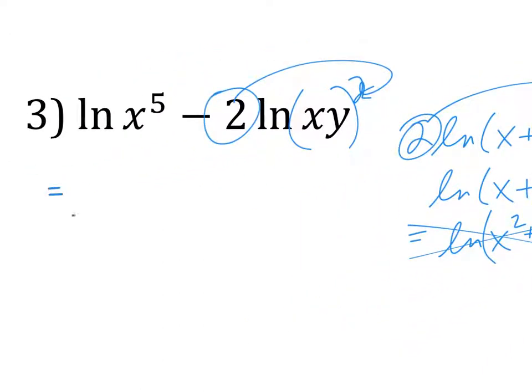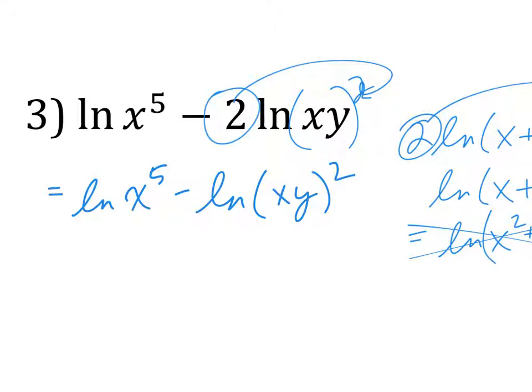Okay, so this is natural log x to the 5th minus natural log x y squared. Put the 2 onto the x. Okay, what's next? Natural log x to the 5th over x y squared. Yes, okay. Now I'm gonna again tell you what things people always do wrong. People always do this.